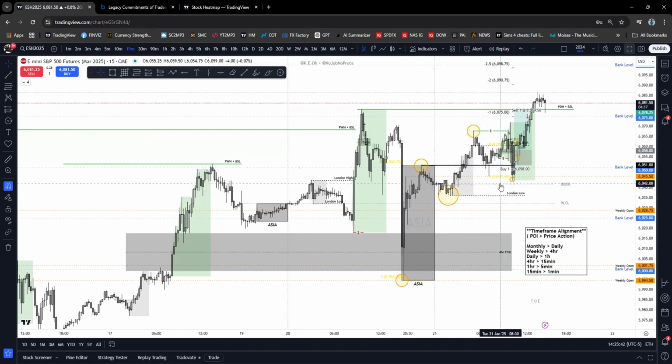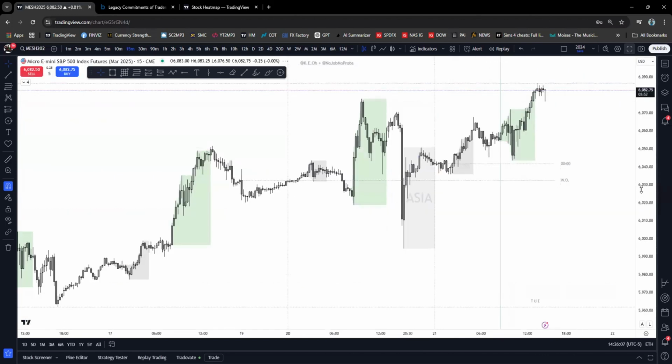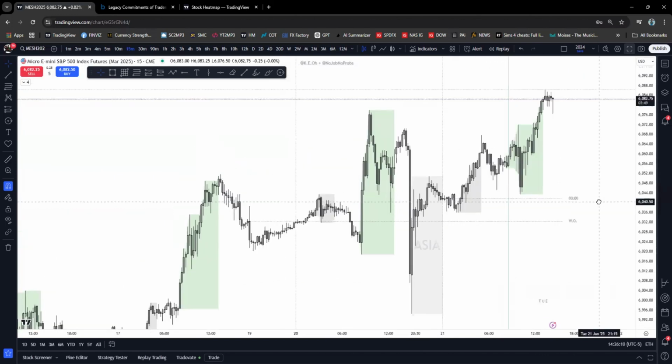There's a high probability of this low getting ran right here, this low getting ran right here. Why? Because there's no displacement. This isn't a strong enough low. So price could even potentially dip down to this London low before we wanted to see price come a bit higher, right? So keeping all that in mind, I'm going to go back to the minis charts and just kind of show you guys how we got today's setup.